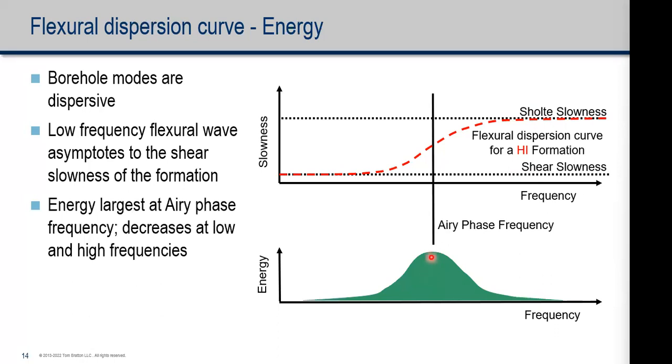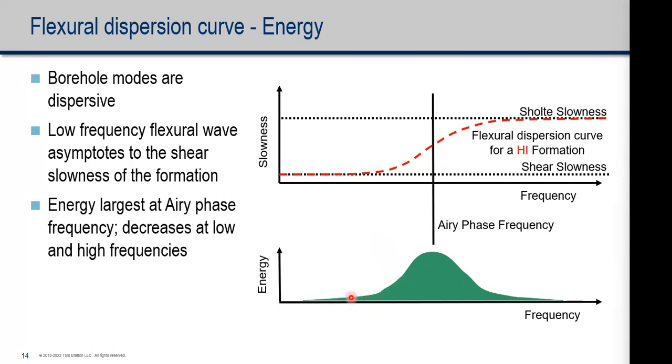These vibrational modes of the borehole have the greatest energy at about halfway between the shear and the Scholte. And I'm not really interested in this intermediate slowness. I really want to know what this low frequency asymptote is.